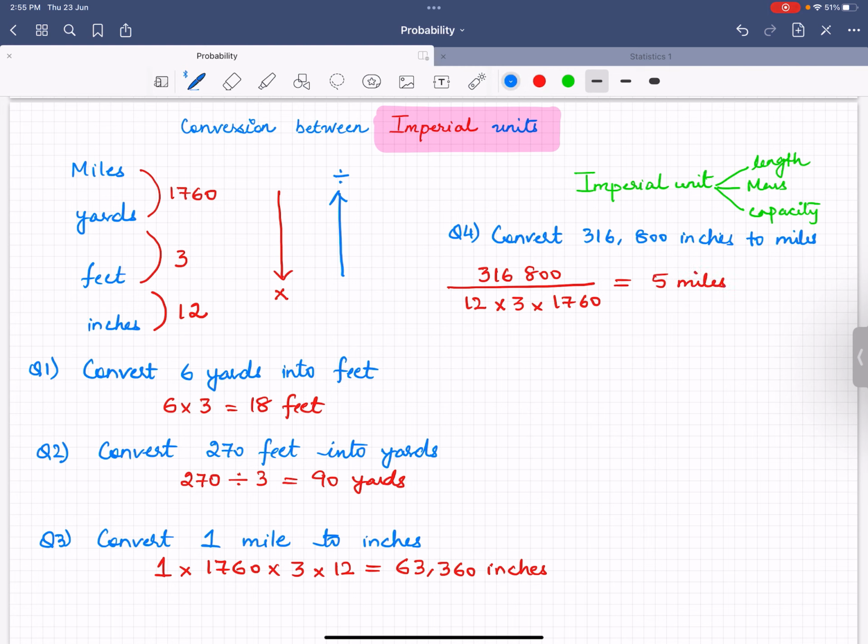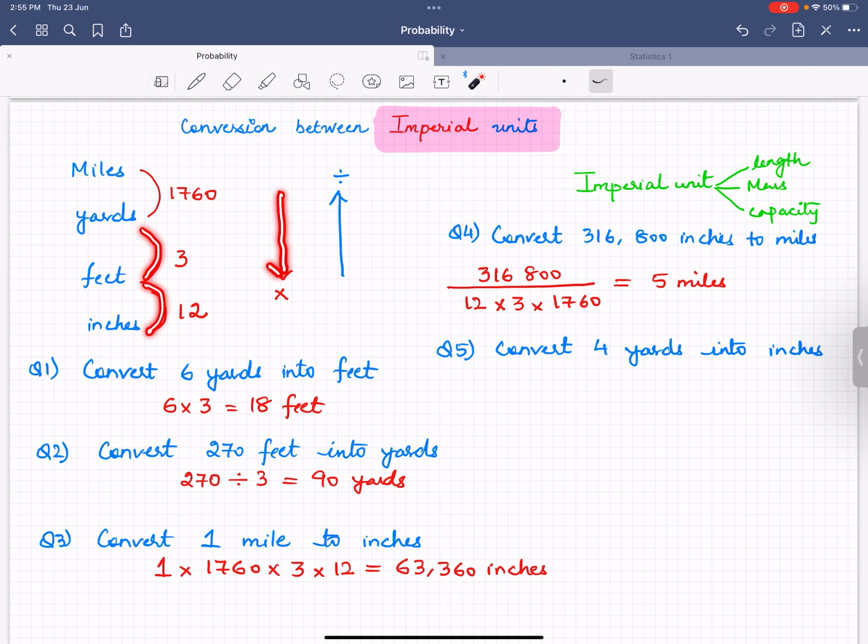Moving on to the next question, question number 5. Convert 4 yards into inches. So we are going from yards to inches, which means we are going 2 steps down.